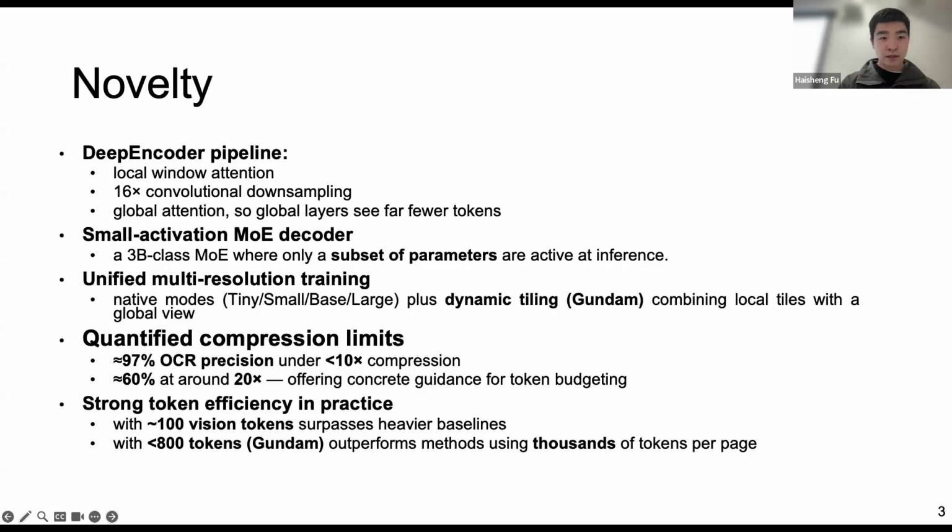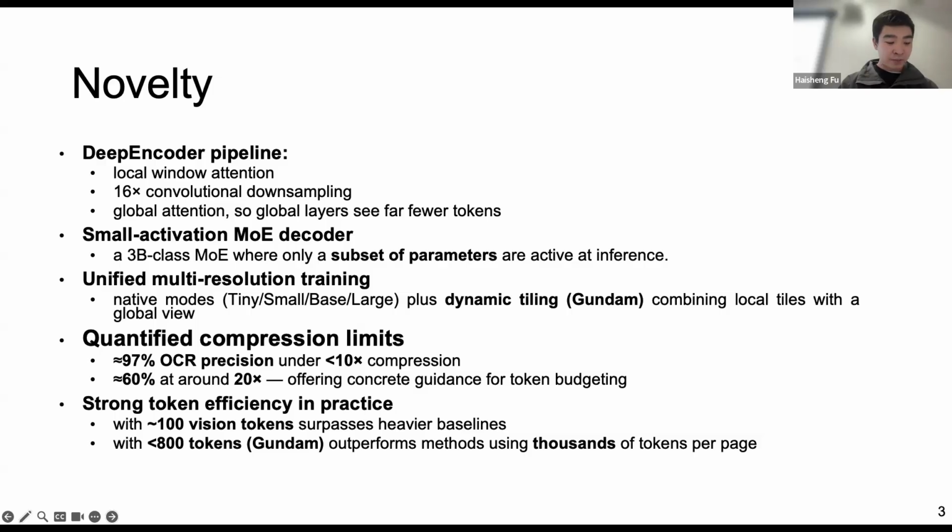On the third slide, I will emphasize their novelties. This paper's novelties can be concluded in four parts. First, they propose a high-resolution encoder. This encoder can keep the activation small. They use local processing first and postpone global attention until after that.